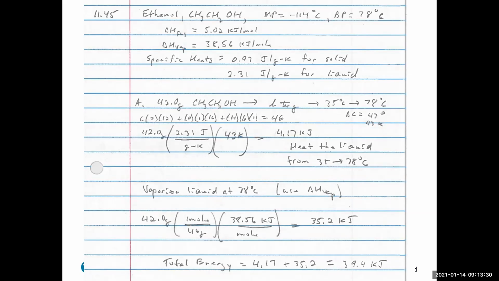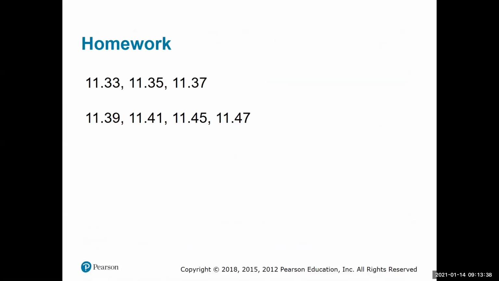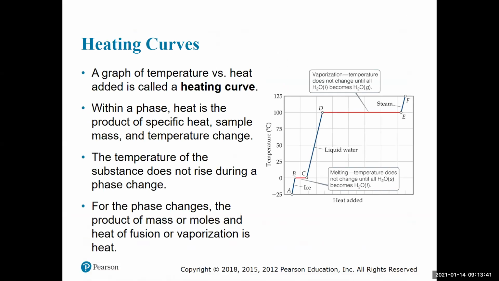Okay, the other tip I'll give you on this is when we're heating that liquid, and I'm going to go back to this plot again. When we're heating this liquid, we're having a temperature change. We said when we're doing these things where we're not changing anything, there's no temperature change, right?